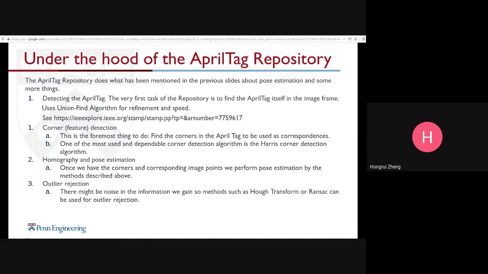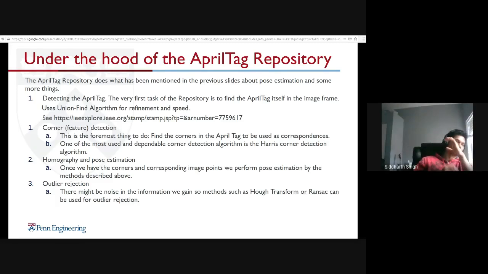So you're kind of keeping a heat map of which line gets the most votes, and then that's how you find the best match line. Okay. It's kind of similar to RANSAC, but the other way around. You draw lines through all the points, and then you see which line gets the most score.